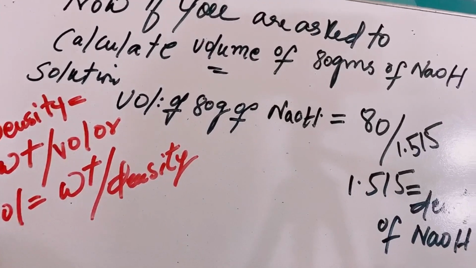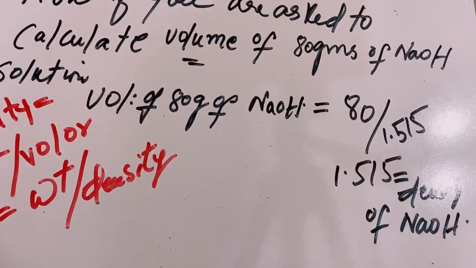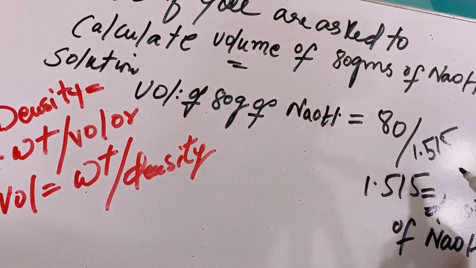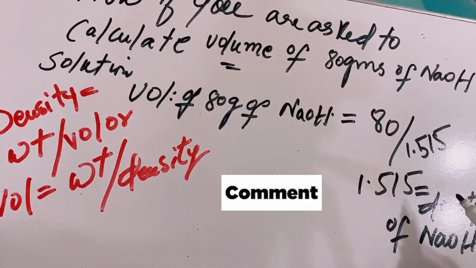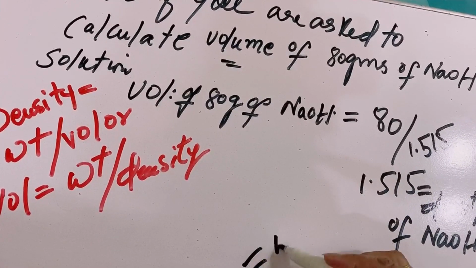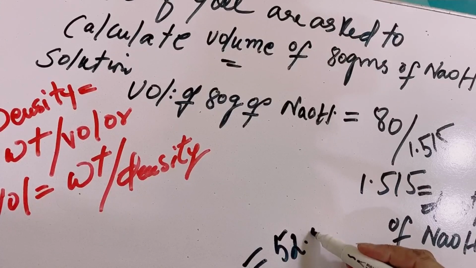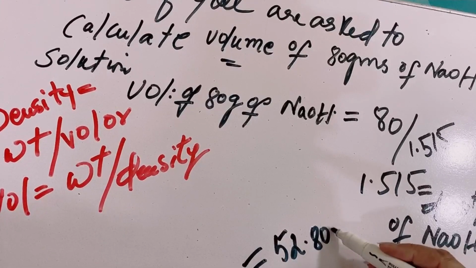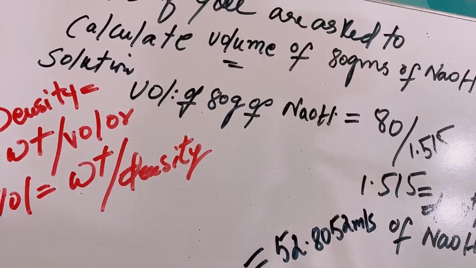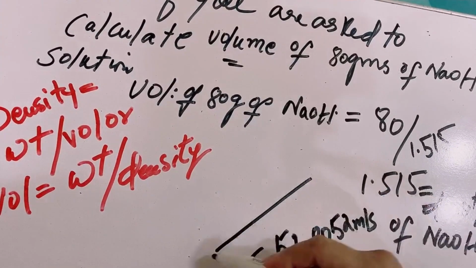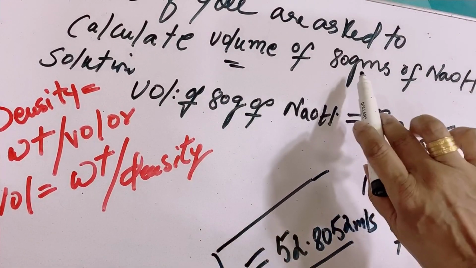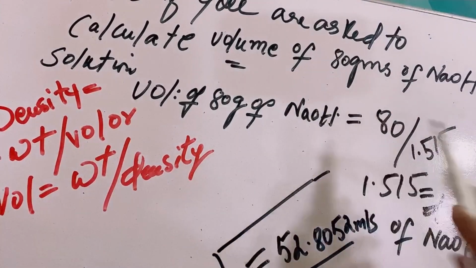You divide 80 by the density of sodium hydroxide, and you get 52.8052 mL.